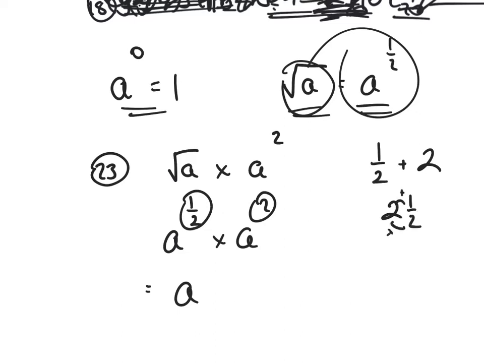If you think about 2.5 pizzas, then that is 1, 2, 3, 4, 5 halves. 5 over 2, and remember a quick way of getting that is 2 times 2 is 4, plus 1 is 5, and that's 5 over 2, and that is a to the power 5 over 2.